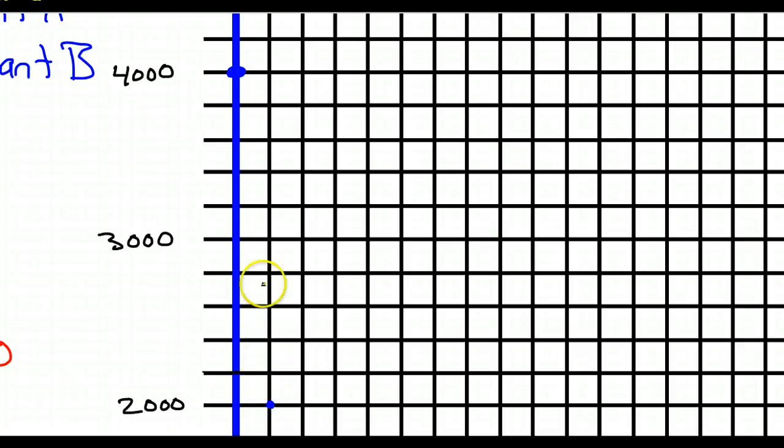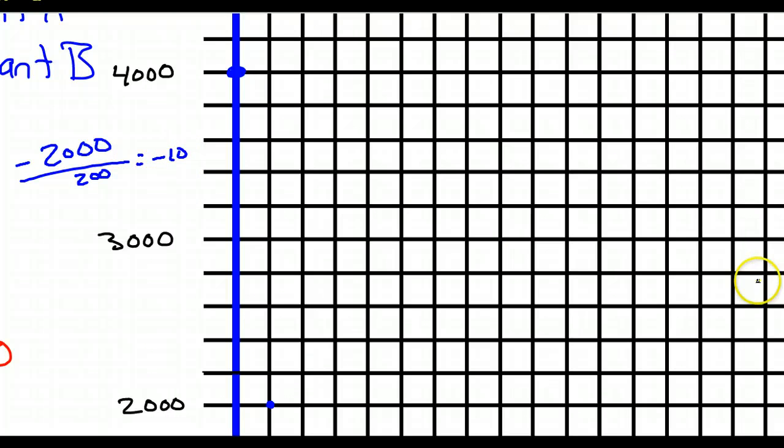Now, obviously I'm not really going down 10. I just went down 2,000 and over 200. Okay, but down 2,000 over 200, that reduces to negative 10.